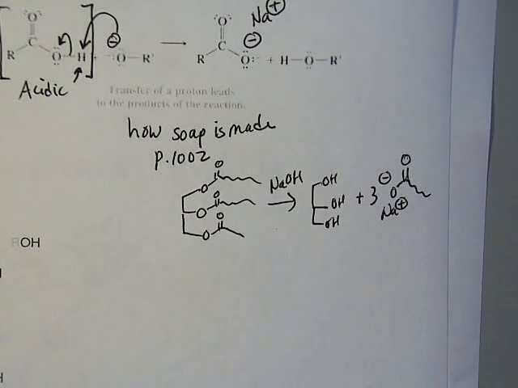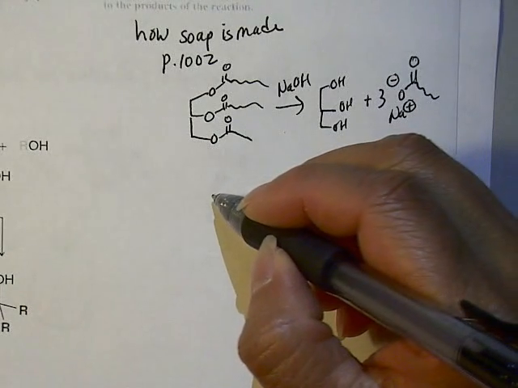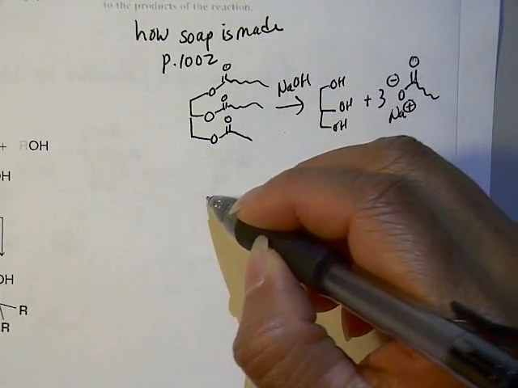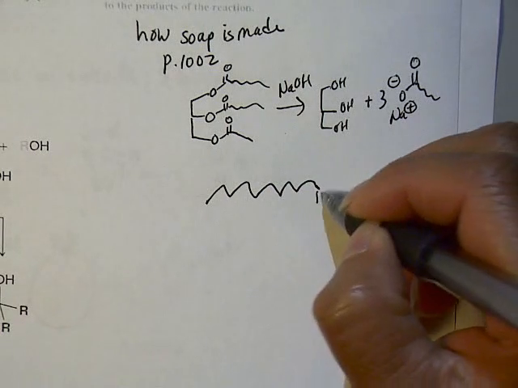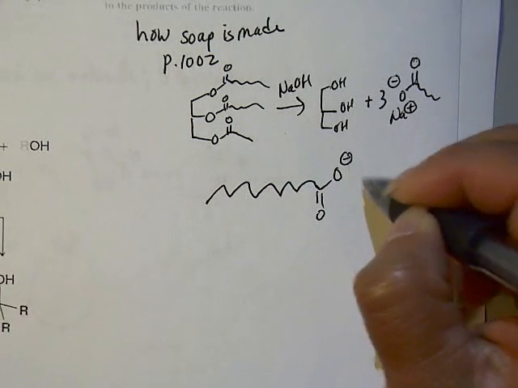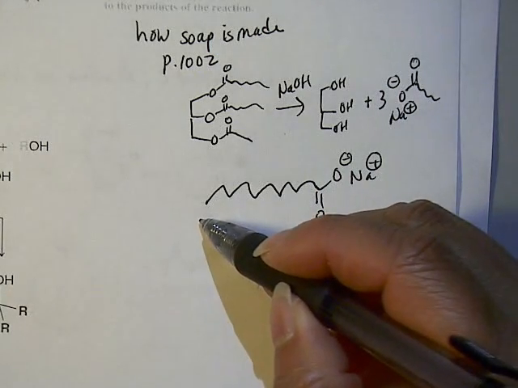And the reason why soap works the way it does is because you have this long R group coming off of a carboxylic acid salt. So you have a dual property.